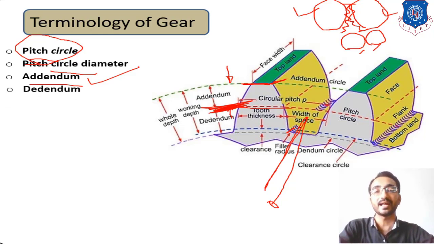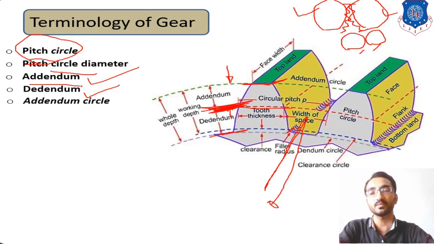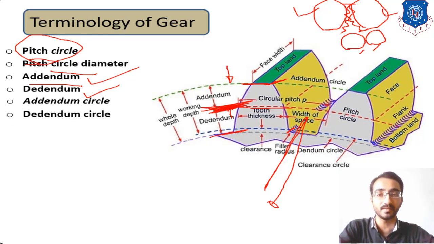Next one, dedendum. If we consider the radial distance from the pitch circle to the bottom of the teeth, then it is termed as the dedendum. With the help of this addendum and dedendum, we can derive two more terms: addendum circle and dedendum circle.